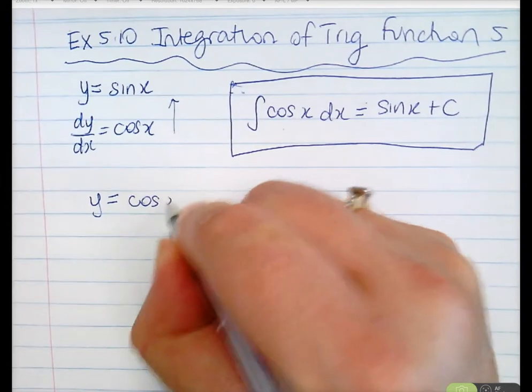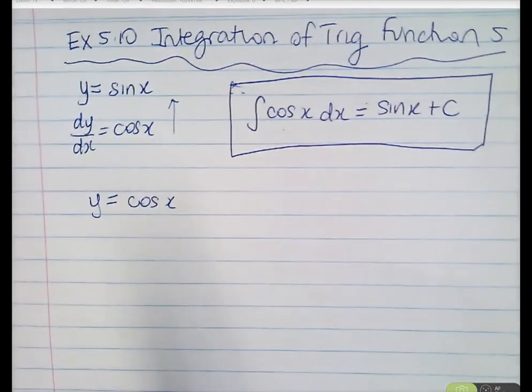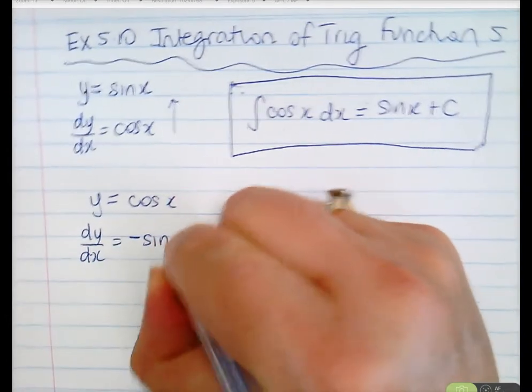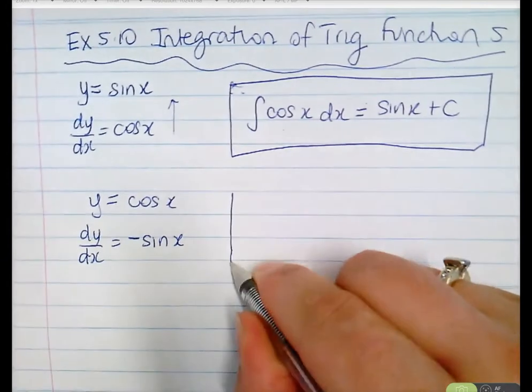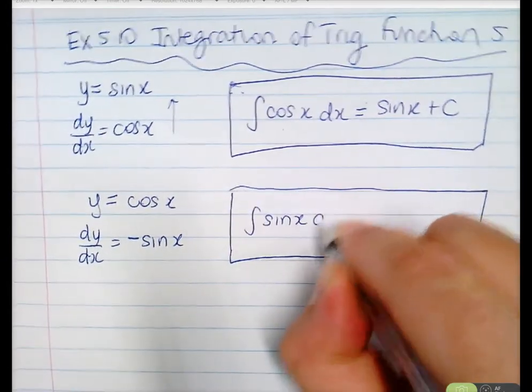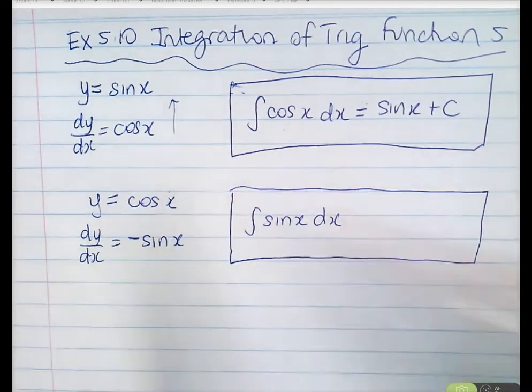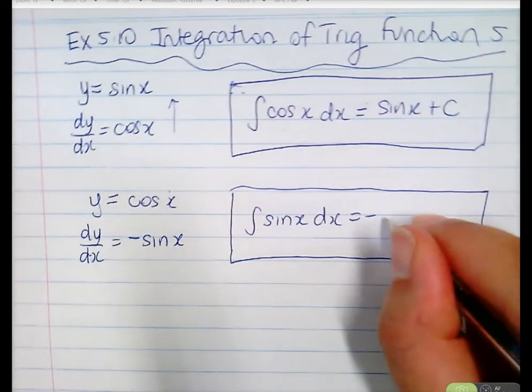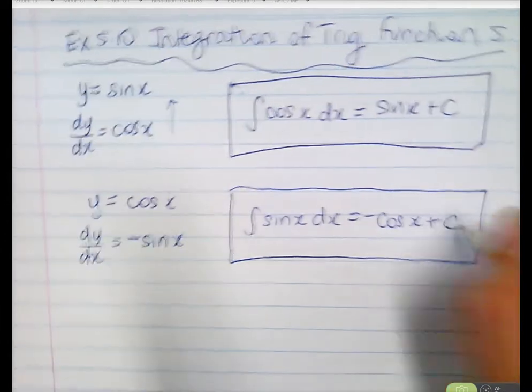The second thing that we did last week was to differentiate cos x, and when we differentiate cos, we get negative sine. So now we don't integrate negative sine, we integrate sine x, but when you integrate sine, you get a sign change. So you get negative cos x plus c.